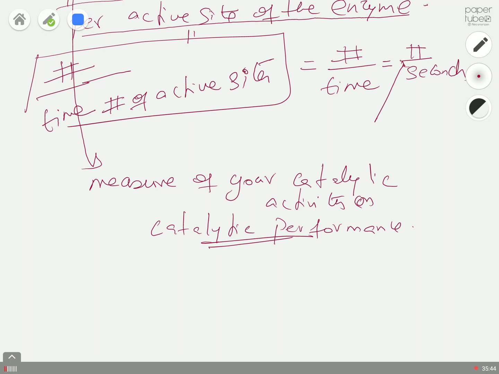If this number is high, your enzymes are converting more substrate into products. If the number is low, your enzymes are converting fewer molecules of substrate into products. That's the meaning of the turnover number. This number is normally very high for catalysts. Typically it ranges from 10 to the power of 5 to 10 to the power of 11 per second.